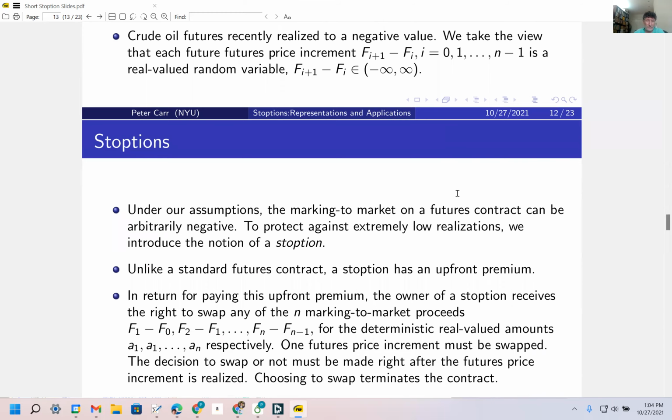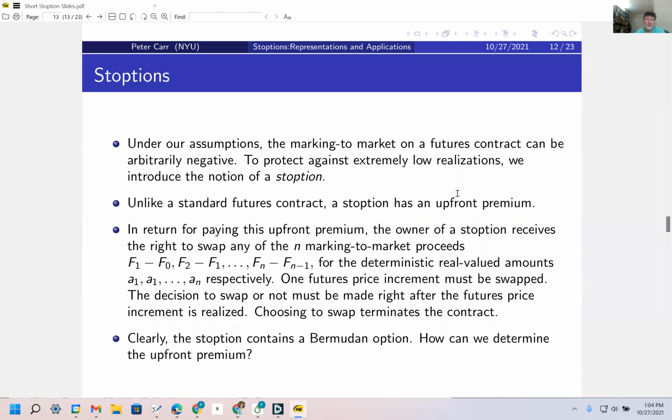So in this world where futures prices can be arbitrarily negative, then the marking to market can also be arbitrarily negative. And obviously, if you're long one futures contract, you're not happy about very negative futures price changes. And so we are going to introduce the notion of a stoption.